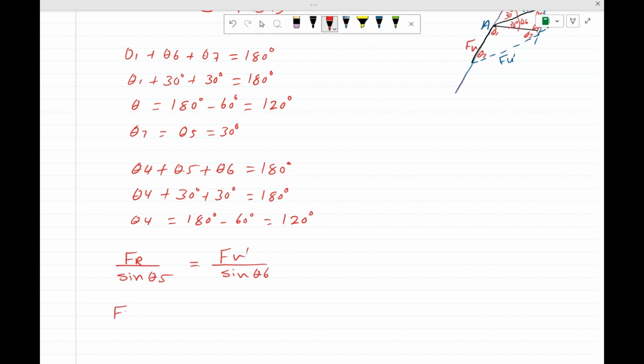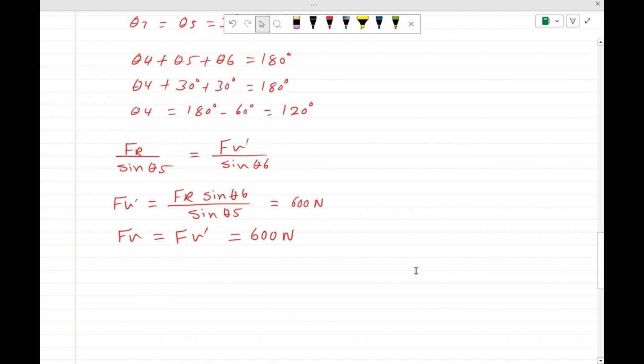Solving for Fv dash should equal Fr, the resultant force, multiplied by sine theta 6 divided by sine theta 5. Plug in all of these values and you should get Fv dash equal to 600 Newton. We know Fv equals Fv dash, therefore Fv equals 600 Newton.